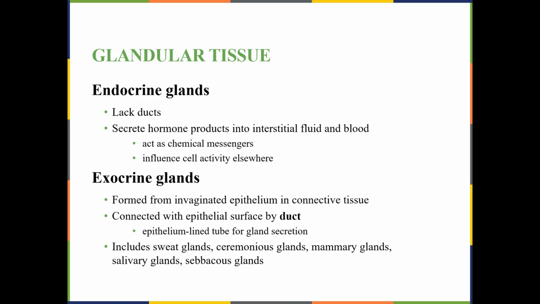All of these are exocrine gland tissues. Other exocrine glands are the glands that produce hydrochloric acid in our stomach. So those are also exocrine glandular tissue. Okay.